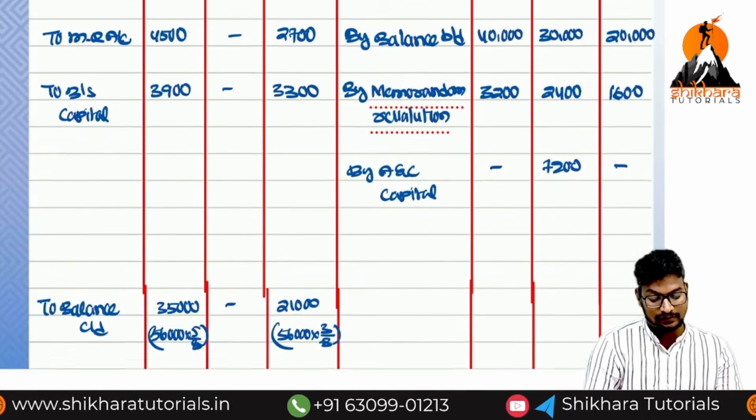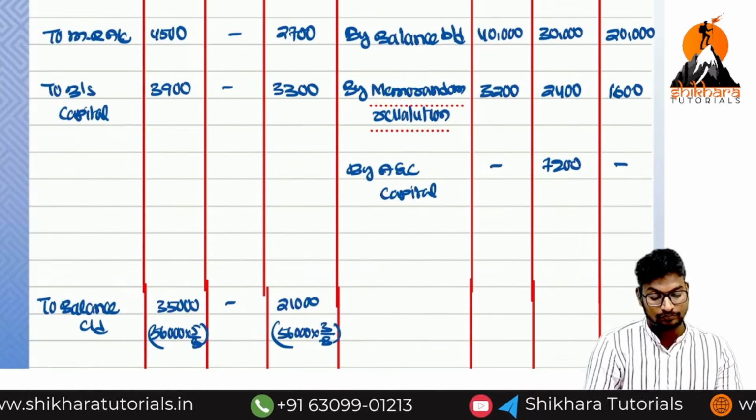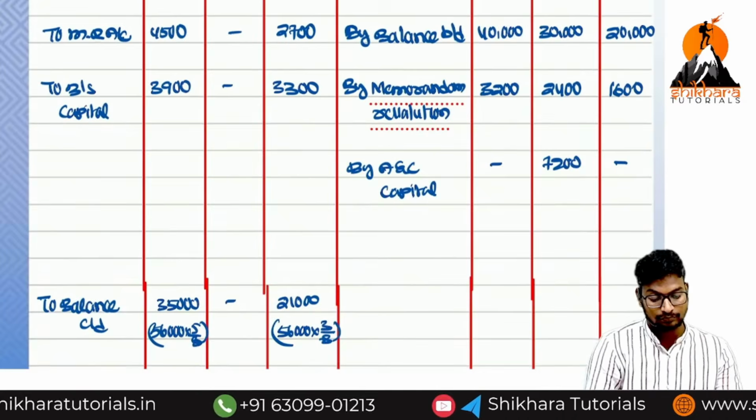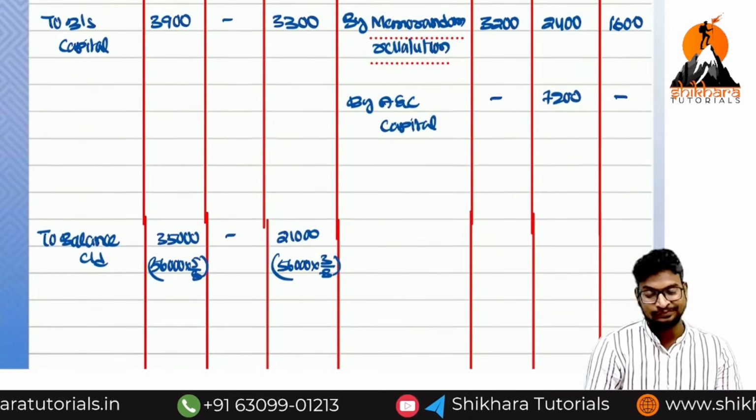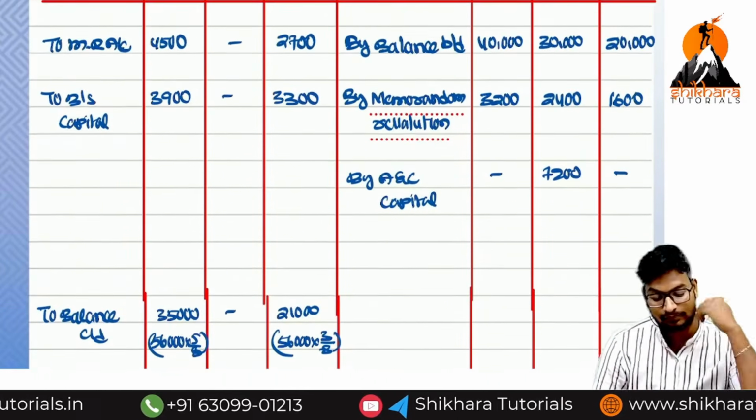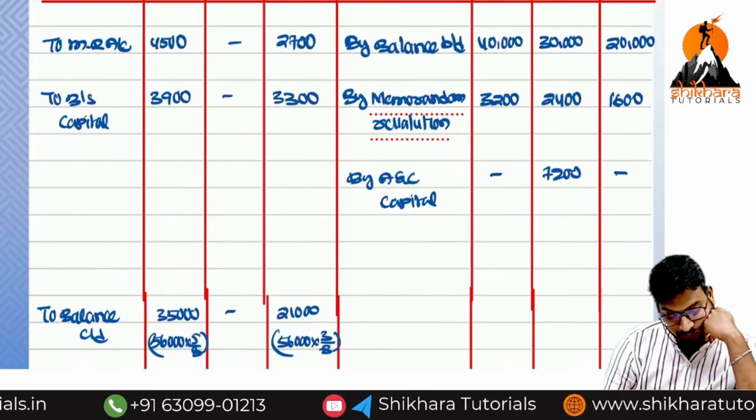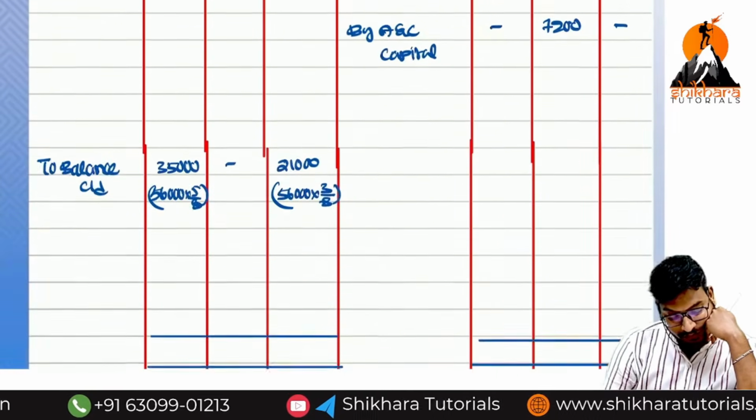So 35, this side please check, Amma. 43,400.